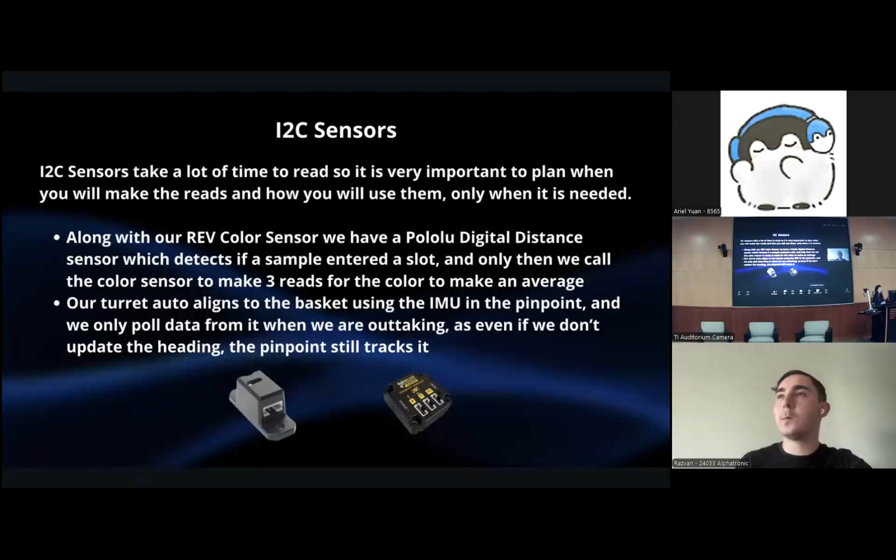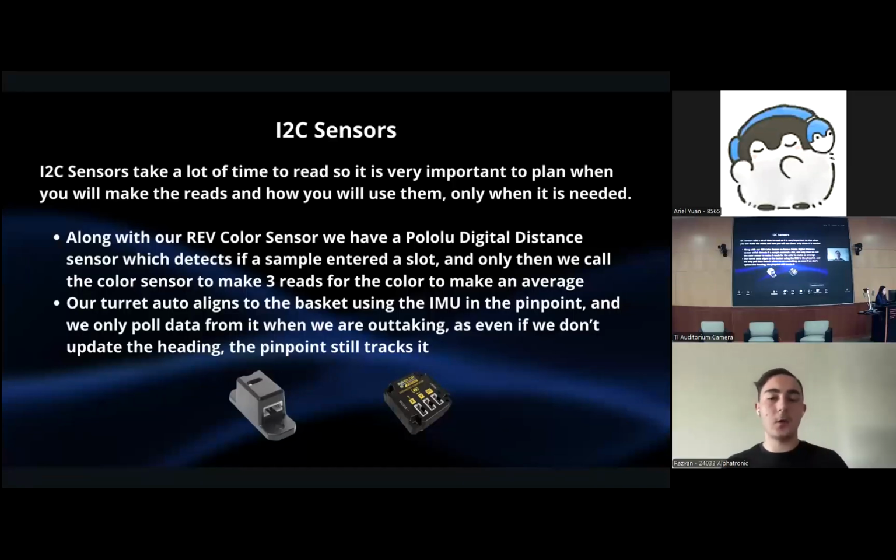And when we score, we use the IMU in the hub, the Pinpoint, in order to auto align our turret to the basket. There isn't a need to pull data from the Pinpoint if we're not scoring, so we only update the heading when we are scoring, because even if you don't call the update heading function from the Pinpoint SDK, it still tracks it.